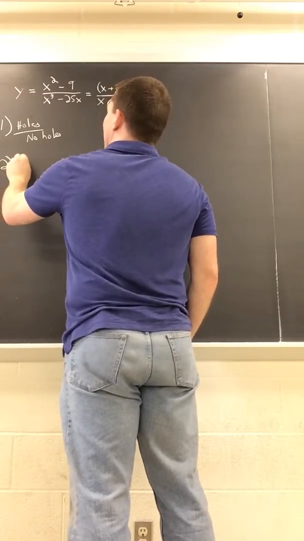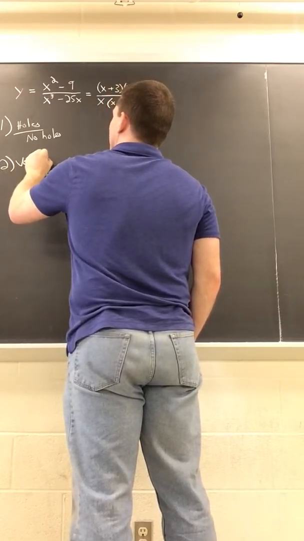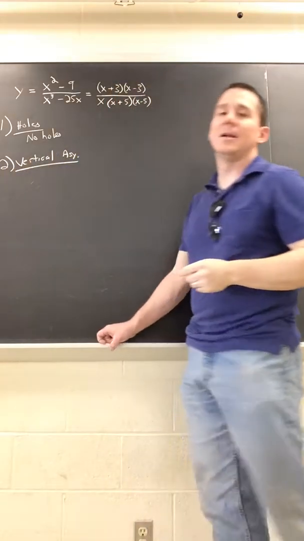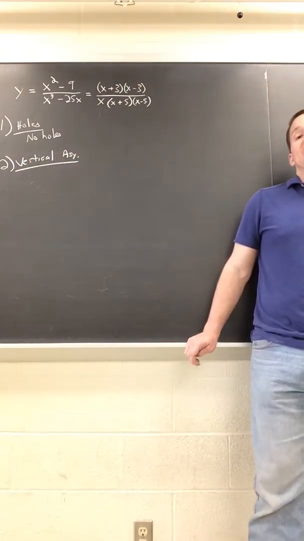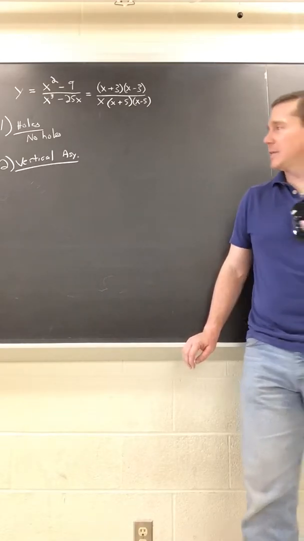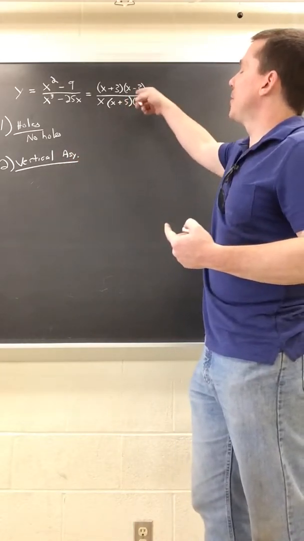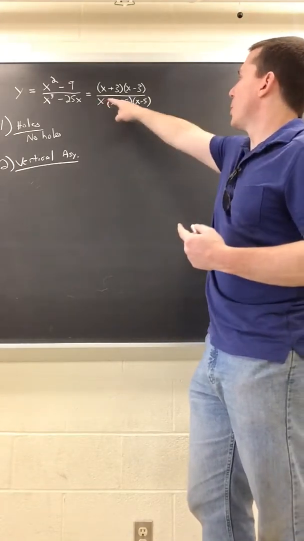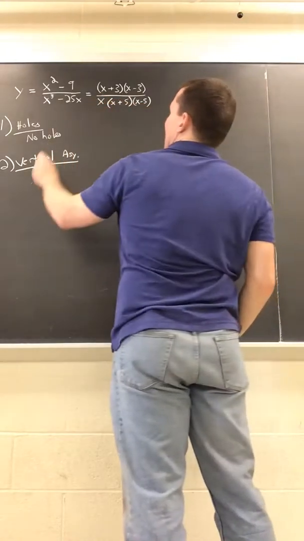Next thing we care about, vertical asymptotes. Vertical asymptotes occur where the function is undefined, which is where there's 0 in the denominator. So where is there 0 in the denominator?